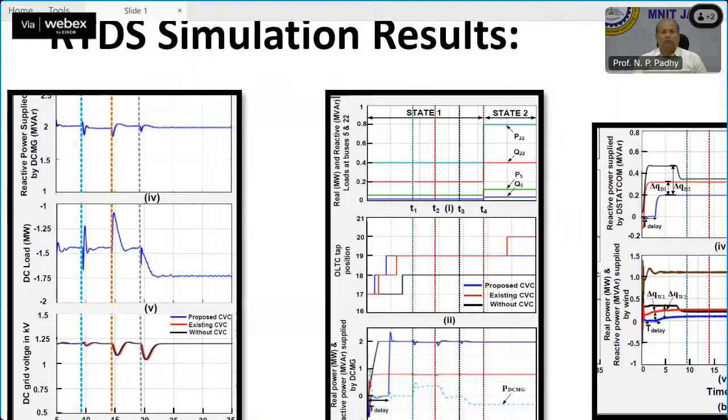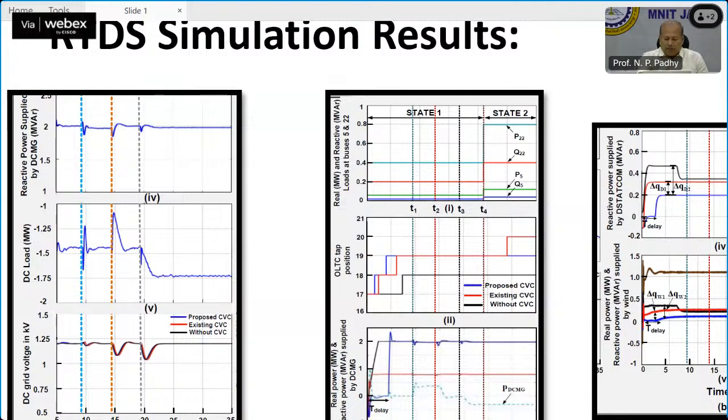The first one is state number 1, steady state, and the second is state number 2. You can see there are three cases proposed: existing, and without CVC. The black one is without any voltage control, the red one is the existing practice, and the blue one is the proposed CVC scheme where the OLTC tap changing positions are determined differently.